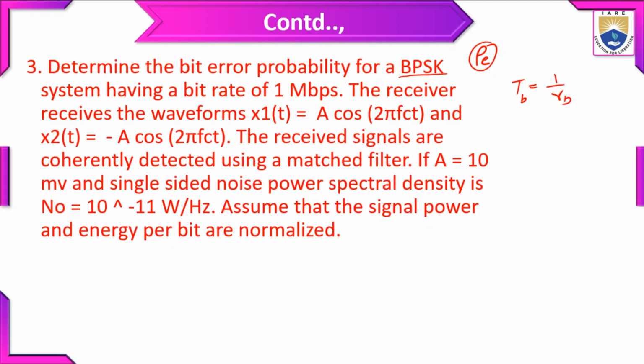If A is equal to 10 millivolts and the single sided noise power spectral density N0 is equal to 10 power minus 11 watts per hertz, assume that the signal power and energy per bit are normalized. They mentioned normalized power.